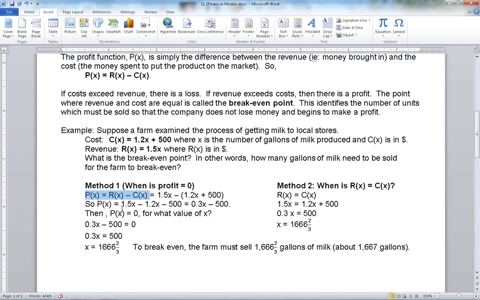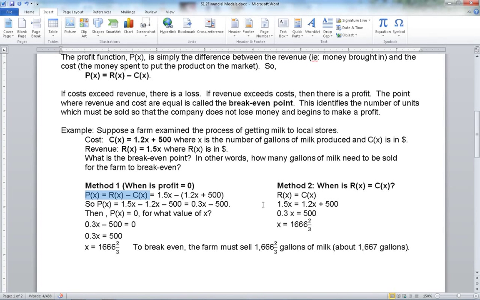So then profit is going to be 1.5x minus 1.2x minus 500, or simplifying, we get 3/10 x minus 500. And then we would solve that for P of x equal to 0. So the profit would be 0, that would be your break-even point.